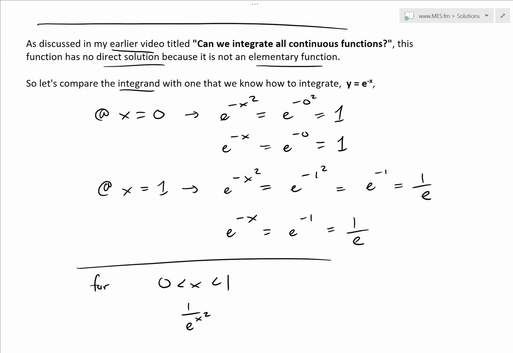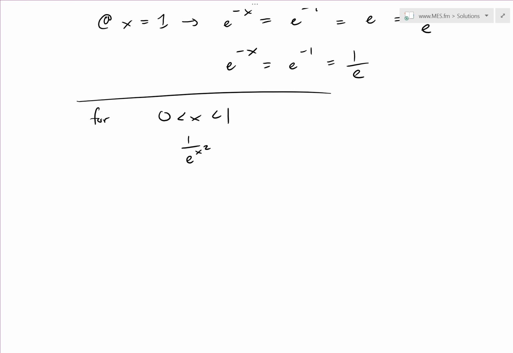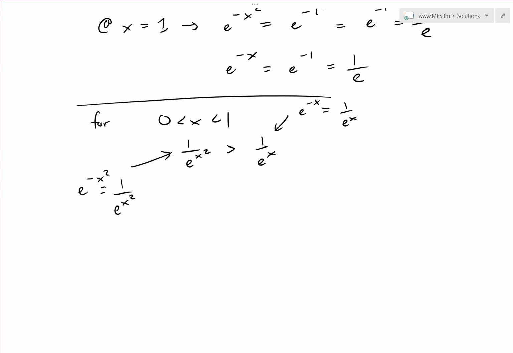This one is just this one flipped over, put on the bottom and made positive. This function here is greater than 1 over e to the power of x. And again, for completeness, e to the negative x is just 1 over e to the x, and e to the negative x squared equals 1 over e to the x squared. It's just easier to describe and analyze this way.